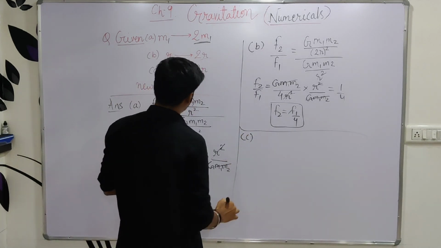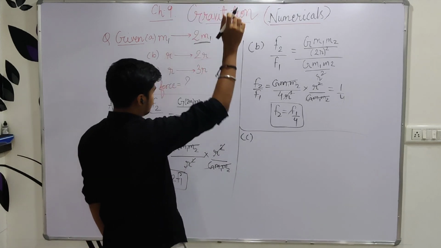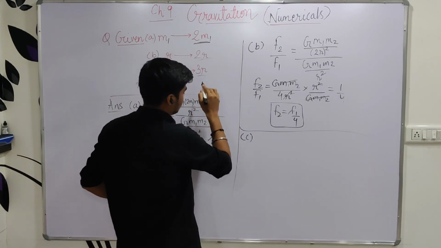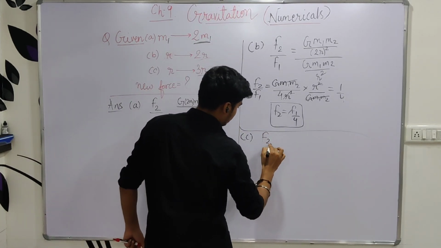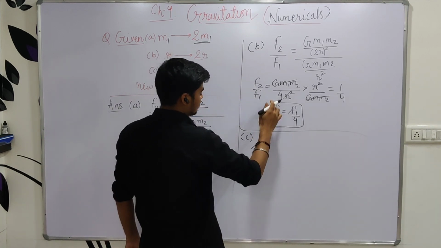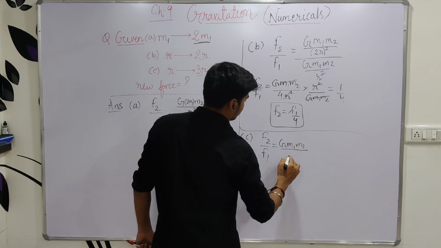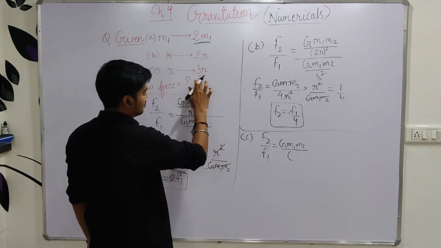Coming to the last part of the question where the distance between the masses is converted to 3r. Again F2 by F1. Now I am just directly taking this step, G m1 m2 upon the distance, which is now 3r.